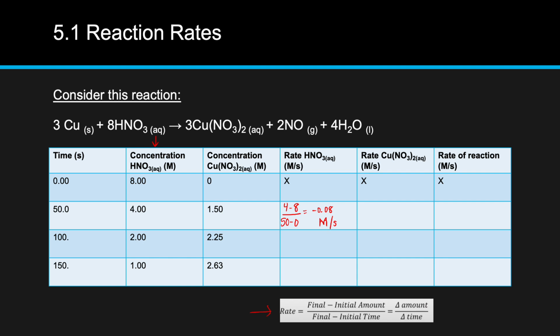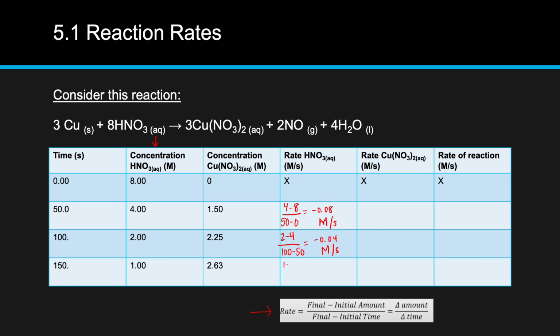So our rate for HNO3 for 100 seconds would be 2 minus 4 for our molarity, and 100 minus 50 for our time. So it would be -2 divided by 50, which would give us 0.04 negative molarity per second. And then finally, we can do for the last one as well.